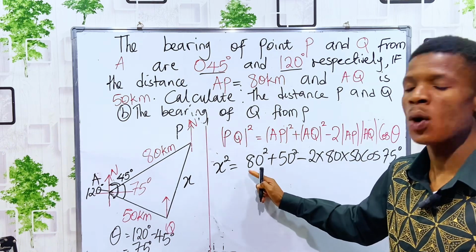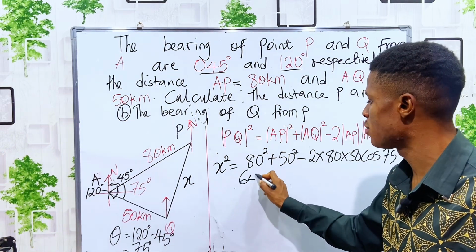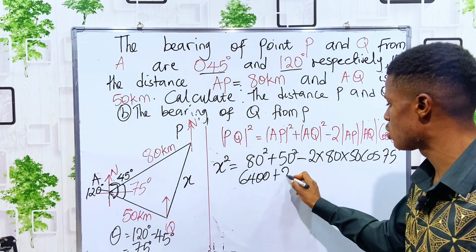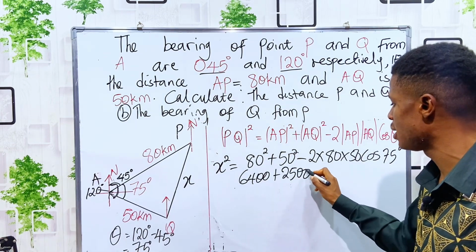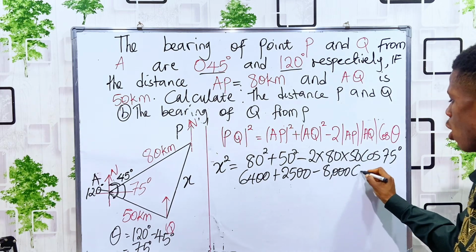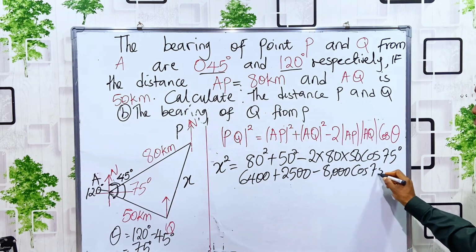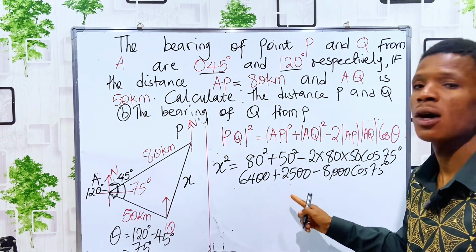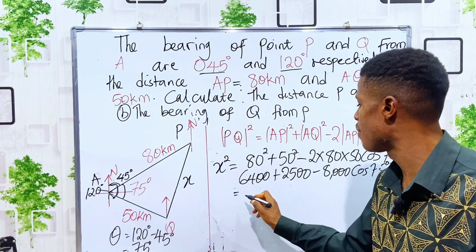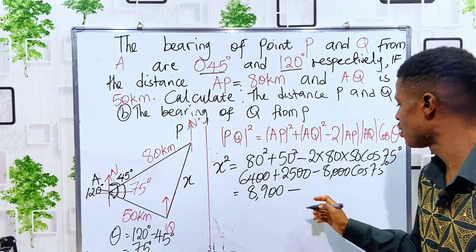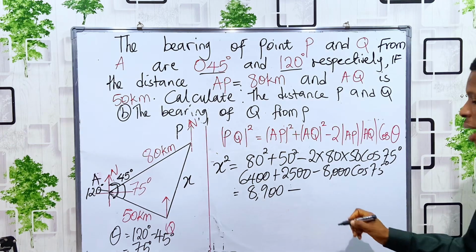So 80 squared is 6,400, plus 50 squared is 2,500, minus 8,000 cos 75 degrees. And 6,400 plus 2,500 is 8,900.